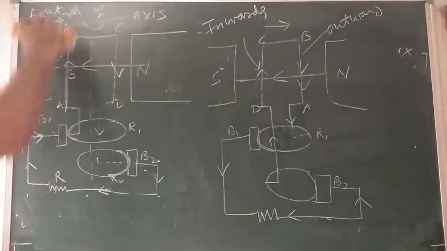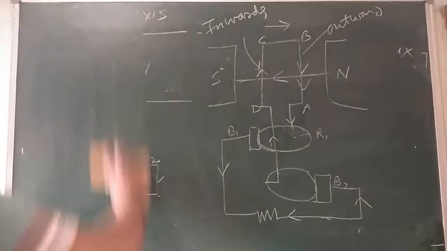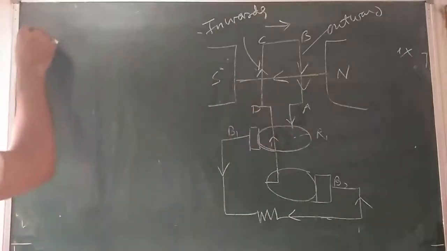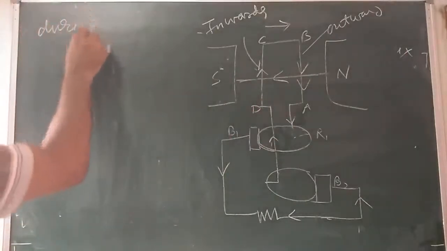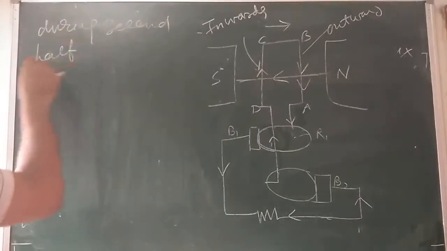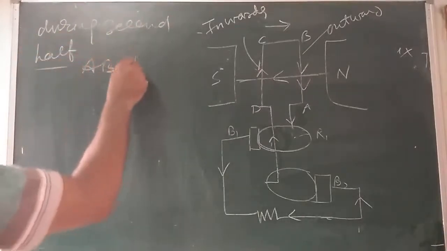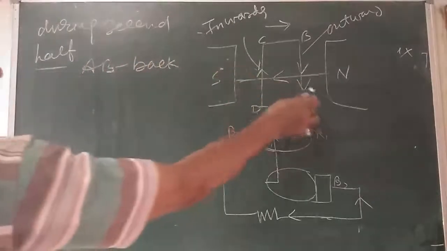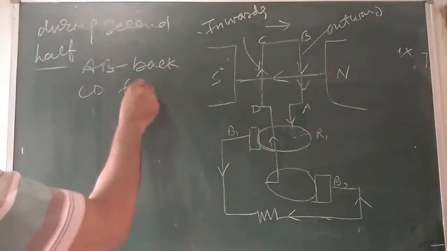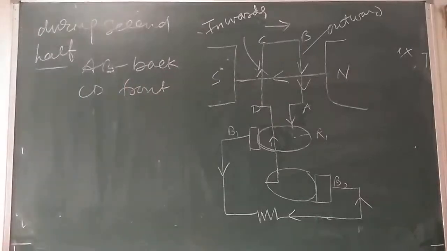After the rotation of the coil, we can see AB is at the back here. During the second half of the rotation, AB is at the back, and CD is in front.